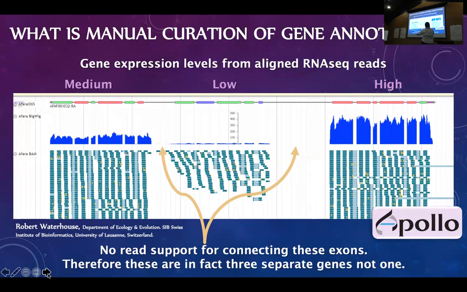And so looking at this, we realized that there is very, very little to no supporting evidence from the RNA-seq reads telling us that those are actually all connected into a single gene. So these are in fact 3 separate genes and not just one as it was predicted. And it requires us to look into that portion of the genome to be able to make a decision about removing those connecting introns and just splitting that into 3 separate genes.